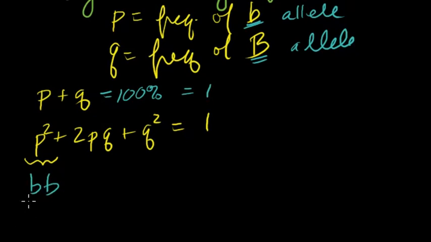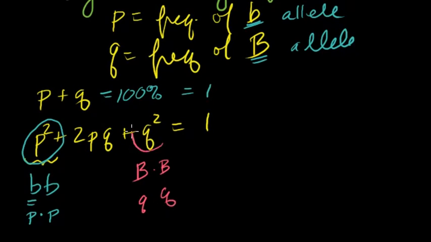I have to get a lowercase b from my first parent, with the probability of P, and then a lowercase b from my second parent with a probability of P. So it's P times P, that's P squared. What's Q squared? That's the probability that I get a big B, a brown-eyed allele, from each parent, because the probability from parent 1 is Q, and from parent 2 is also Q. So that's Q squared right there.